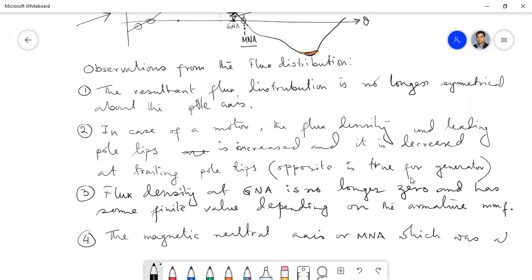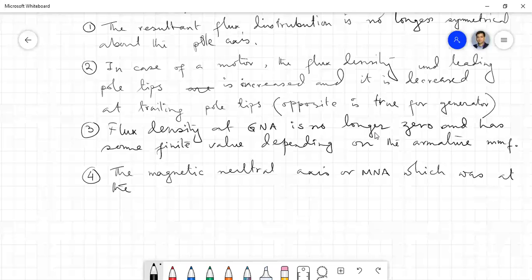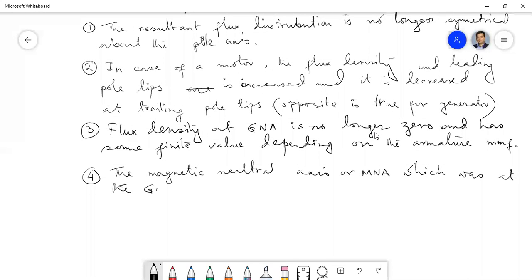Which was at the GNA at which condition? No load condition. Okay, shifted, in which direction?